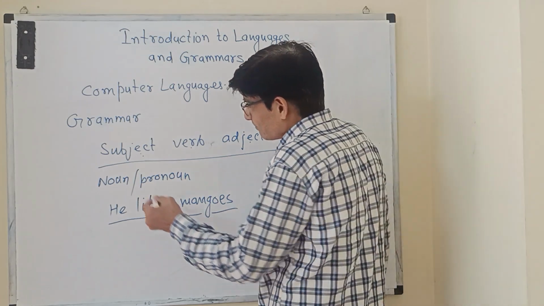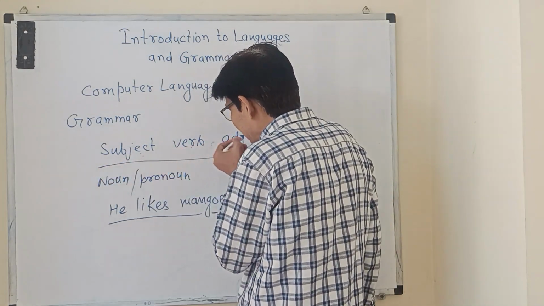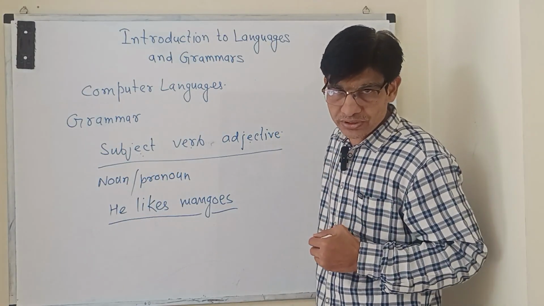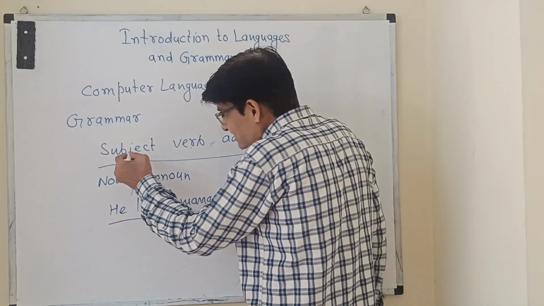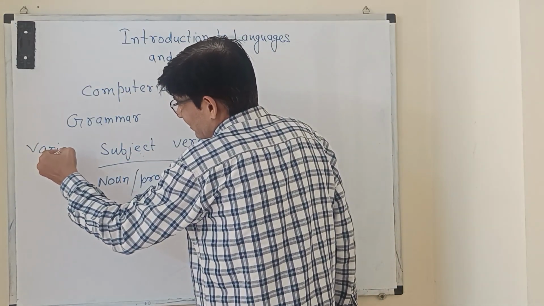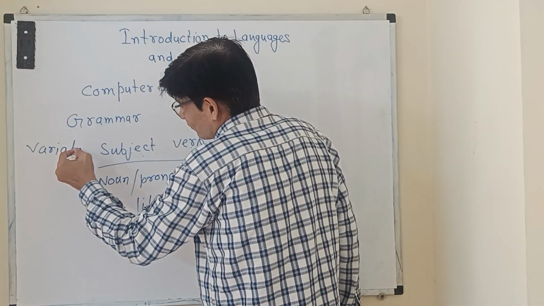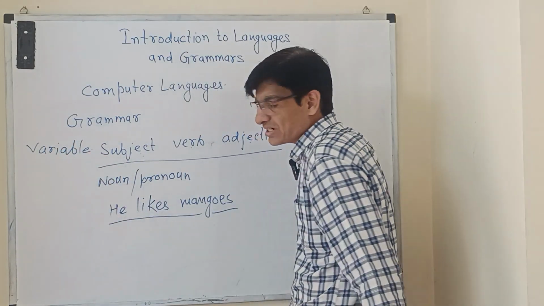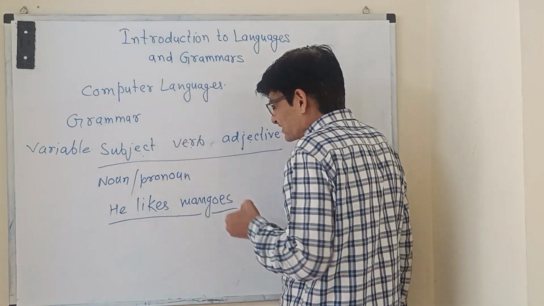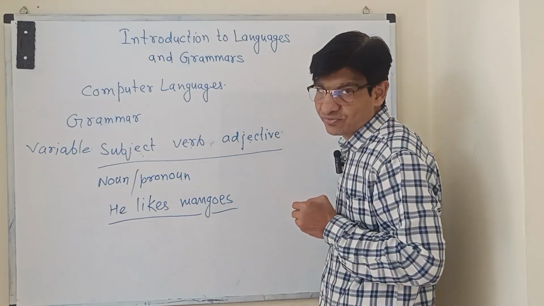So you can see the values of the subject, verb, and adjective may change with time or according to the situation. So we can consider them as variables: subject as a variable, verb as a variable, and adjective as a variable.